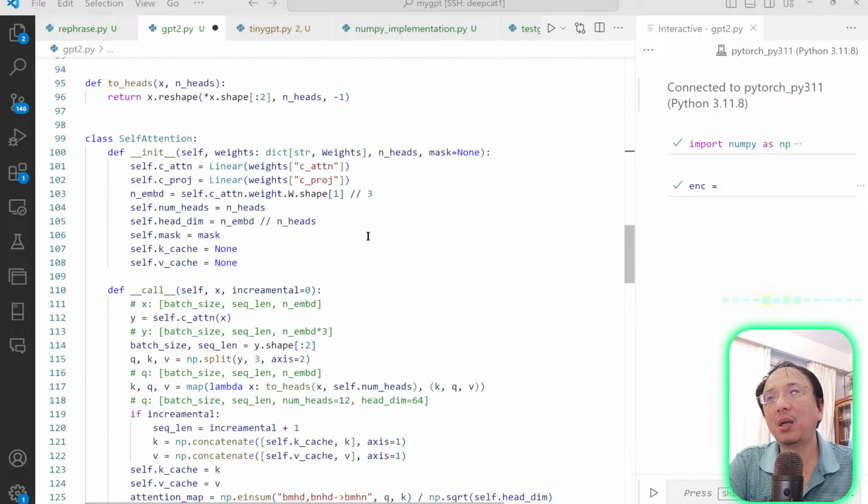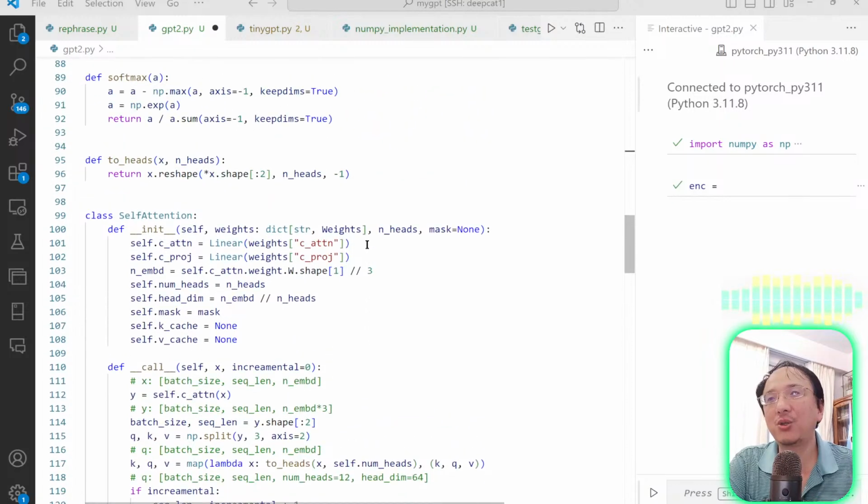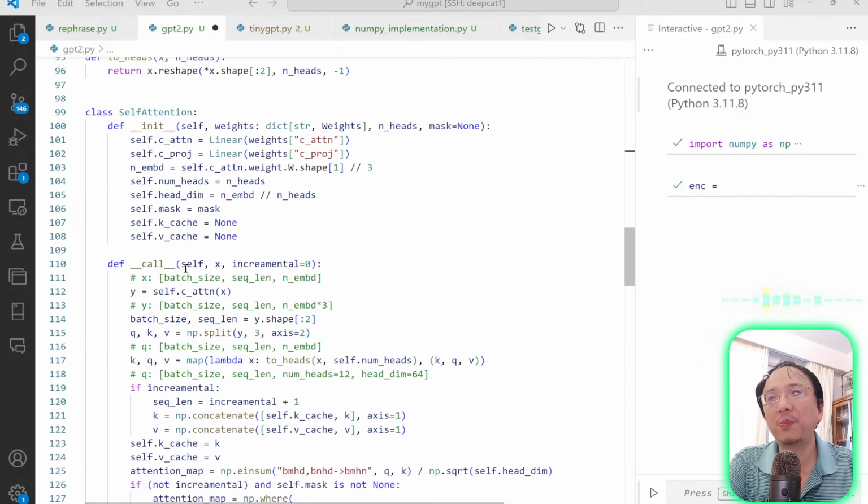Okay, so here is the core part of this implementation, the self-attention. First we have a CATTN, a linear mapping for the attention, and we also have a CPROJ.